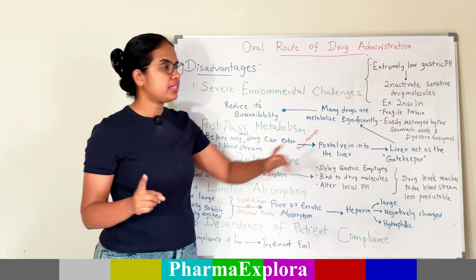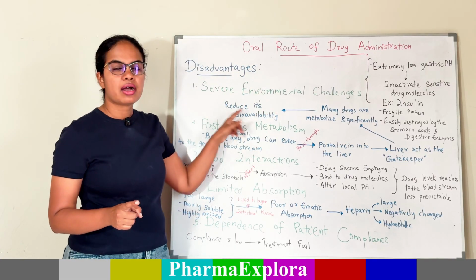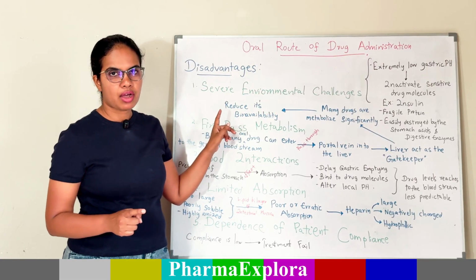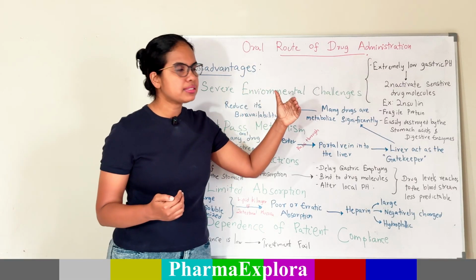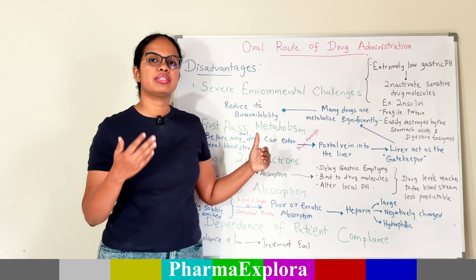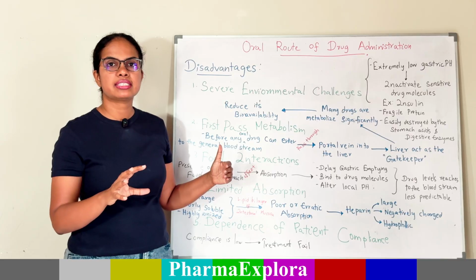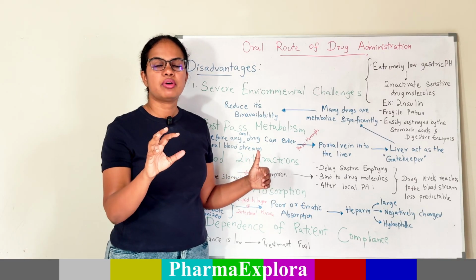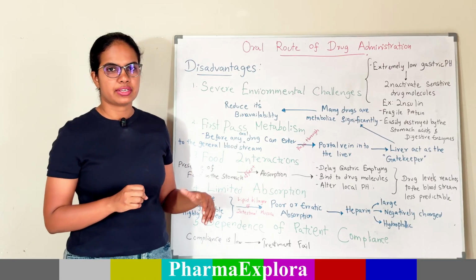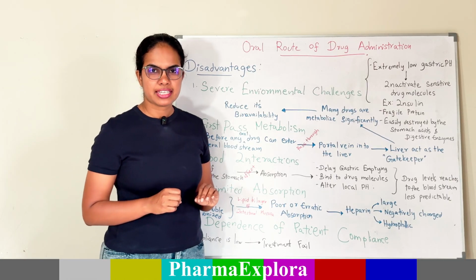So, let me repeat it again. We are discussing the severe environmental challenges. We know the stomach maintains an extremely low gastric pH, or the acidic environment. Because of this, the sensitive drug molecules can easily be inactivated. One good example is insulin.